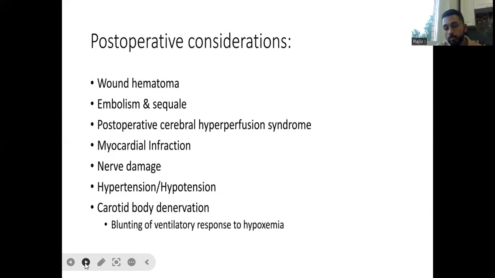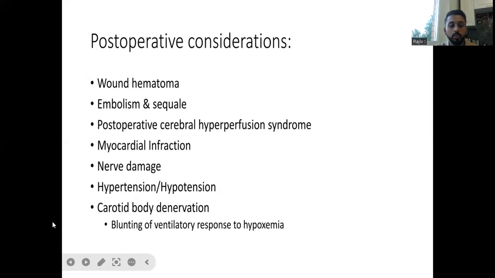Also, post-operative stroke is a very common complication. It's not very common as in, it's a very common dangerous complication. So a stroke can happen, nerve damage can happen. So usually some people due to damage to the recurrent laryngeal nerve lose their voice for some time, for 2-3 months as well.